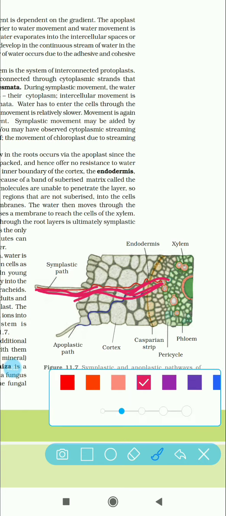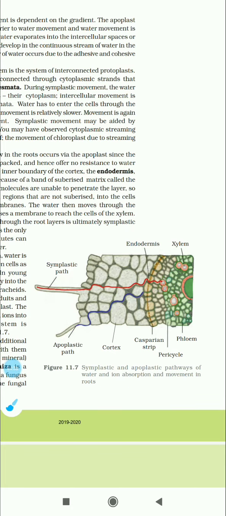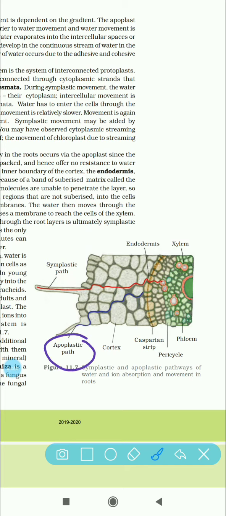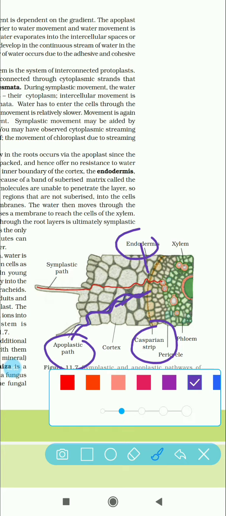If you talk about the apoplastic part, you can see this is from the outside of the cells. I'll explain once again. Through the apoplastic path the movement is through the cell wall and it will only happen till the endodermis, because at that region you will encounter Casparian strips, whereas symplastic will start from the root hair.